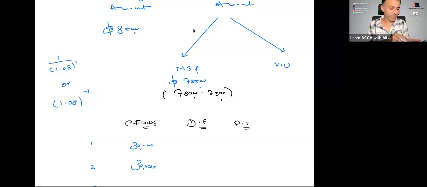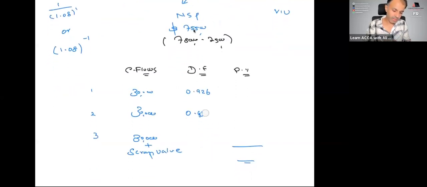So it's going to be 0.926. Round this off to 3 decimal places. 0.857, 3 decimal places. 0.794.